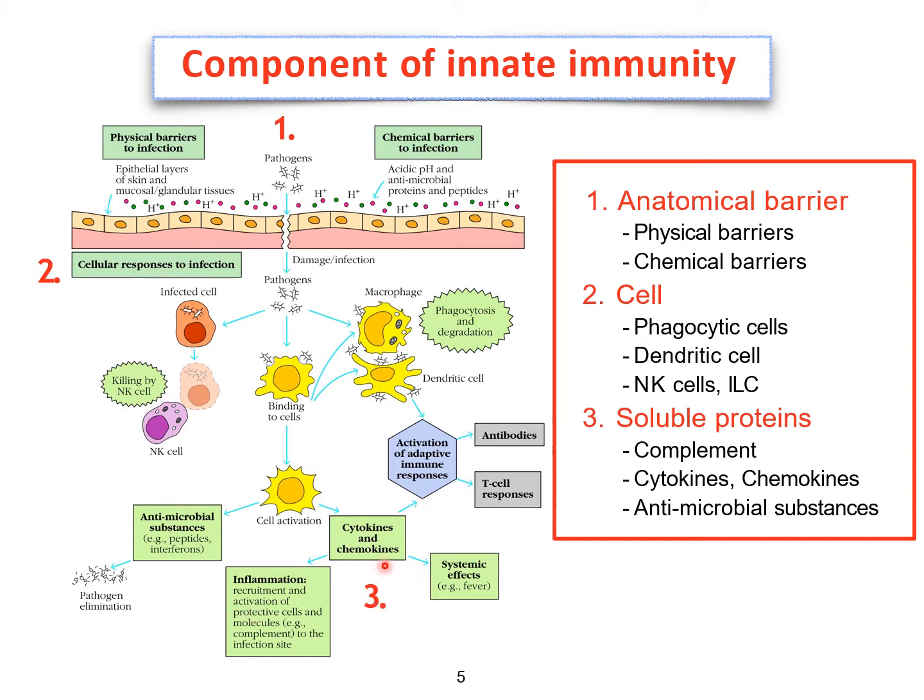These two are the further effects of cytokines and chemokines. And also complement is one more important protein in the innate immunity. The complement system of innate immunity I will be telling in tomorrow's class.